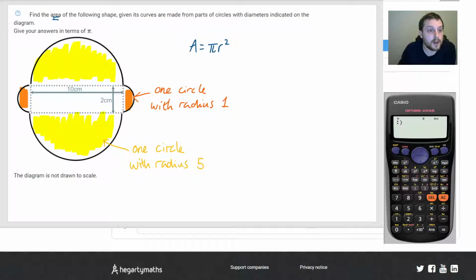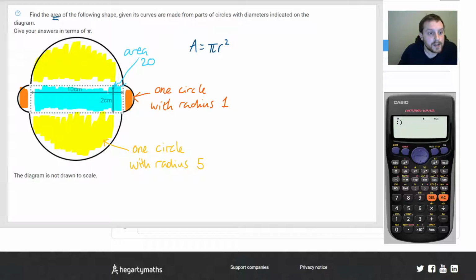And then you've got the rectangle in the middle. That's supposed to be the easy part. So what's that? That's a rectangle with area 20. 10 times 2 is 20. Obviously, it's all going to be in centimeters squared at the end.